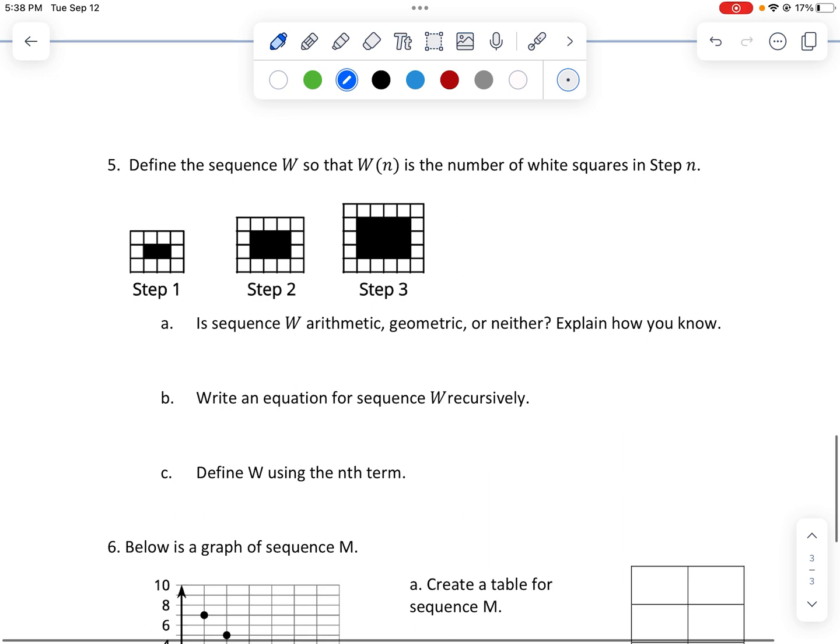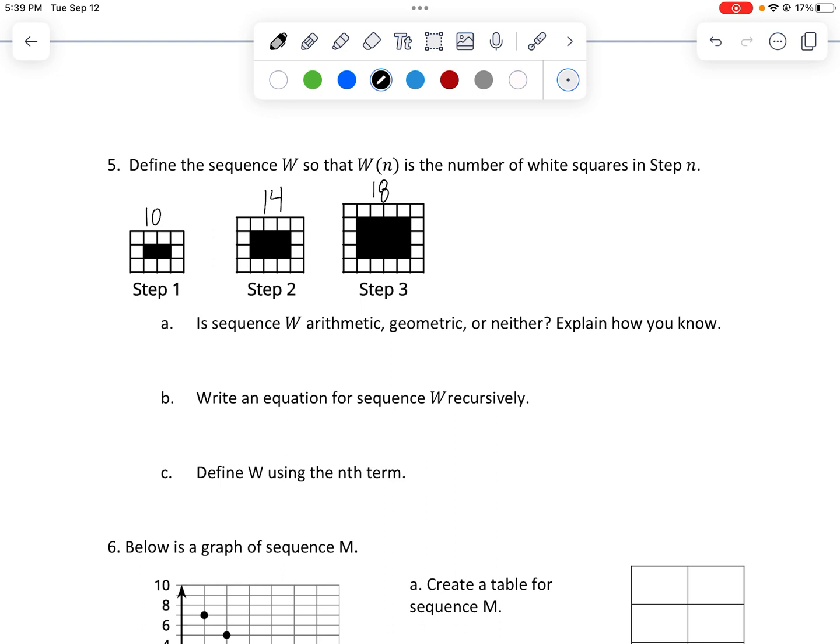Okay, define the sequence W so that W of n is the number of white squares in step n. Okay, counting the squares. How many squares are there? I think we start out with 10, 14, 18.